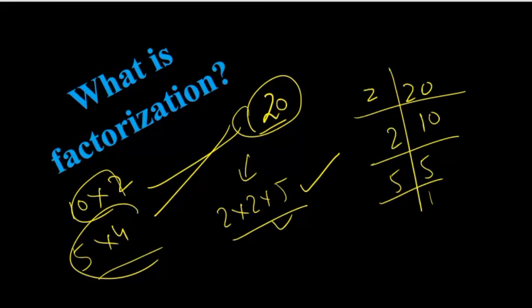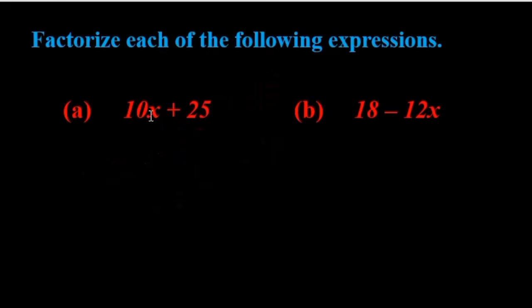So now we do some questions of factorization. We start with practice now from page number 146. So let's start. We have to factorize each of the following expressions. The first is 10x plus 25.